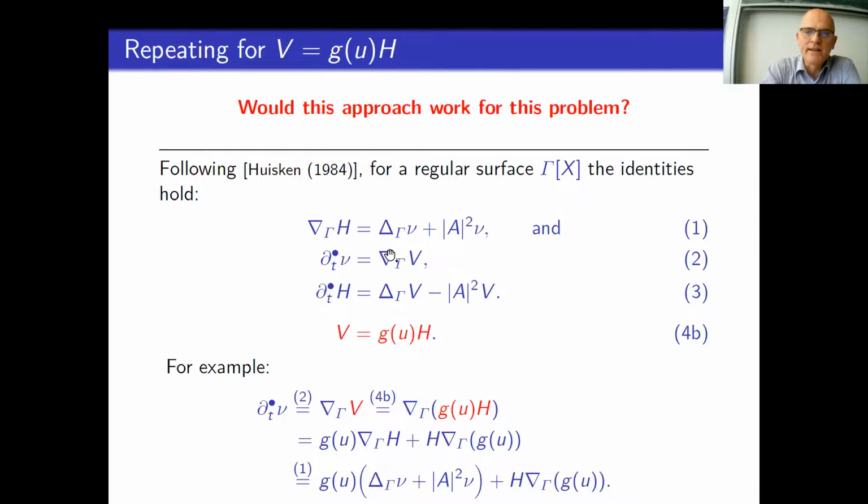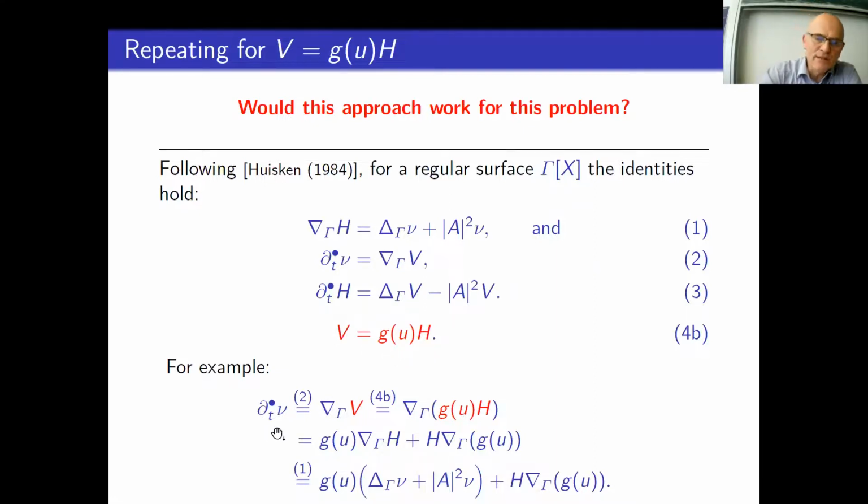So you have this identity. You have the time derivative of the normal equals minus the gradient of the normal velocity, and you have this identity. These identities were behind the formulas on the slide before, and we can now also use these for this new evolution law: v equals g of u times h.